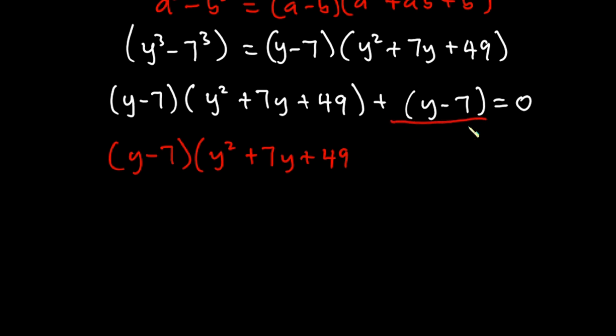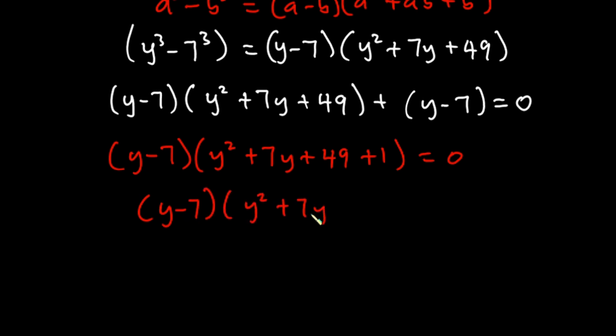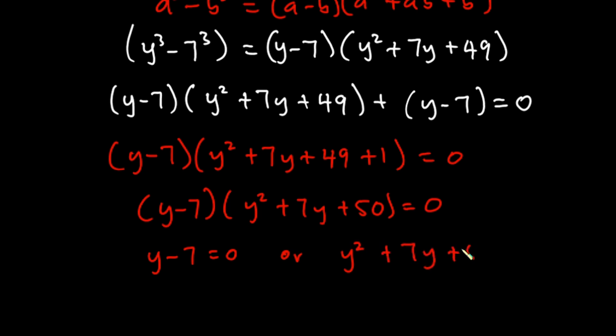Then from this part, we are left with 1. So we're going to have plus 1 here, and this is equal to 0. And we can simplify this further as y minus 7 times y squared plus 7y plus 50 is equal to 0. And at this point, we can say that y minus 7 is equal to 0, or y to the second power plus 7y plus 50 is equal to 0.